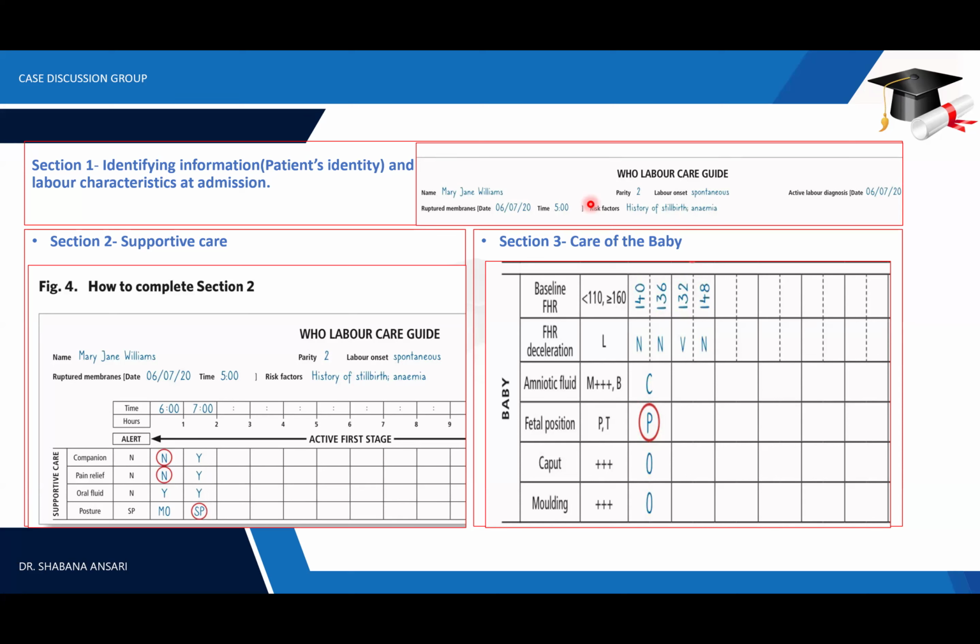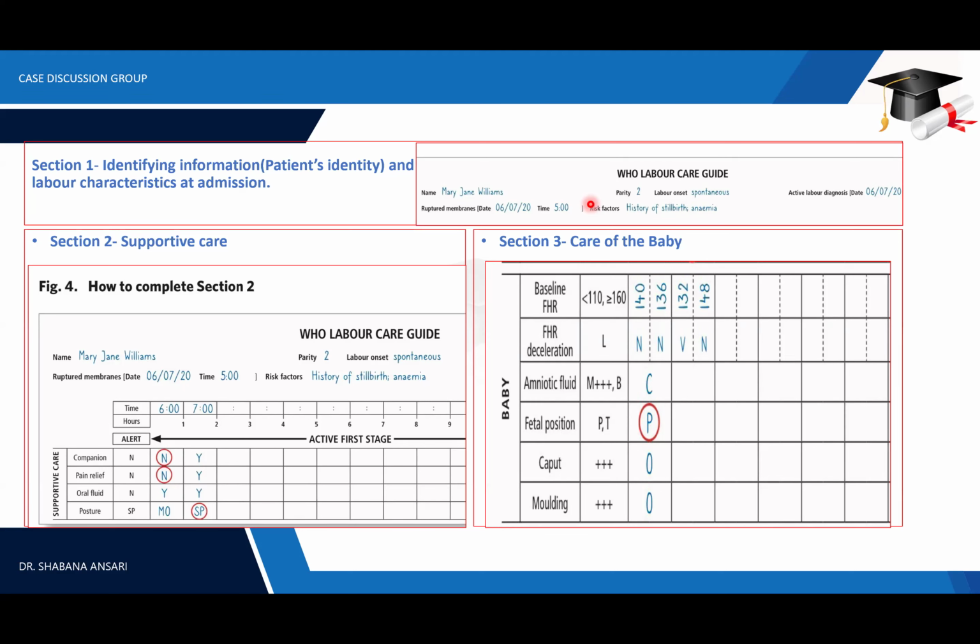Some are different between these two. Usually in the partograph, we start from 4 centimeter dilatation of the cervix. Am I right? Yes. So this is one important dissimilar point, that here we start from 5 centimeter of dilatation. Am I clear? Yes.